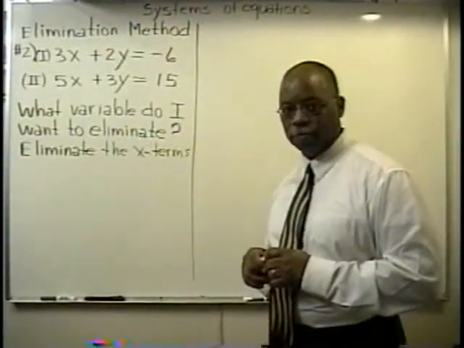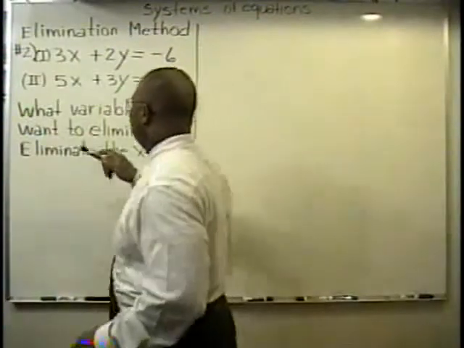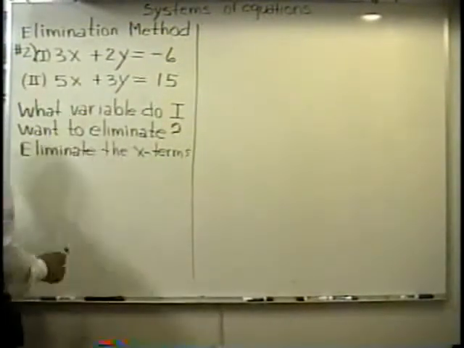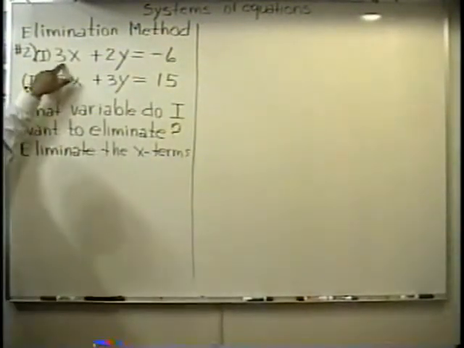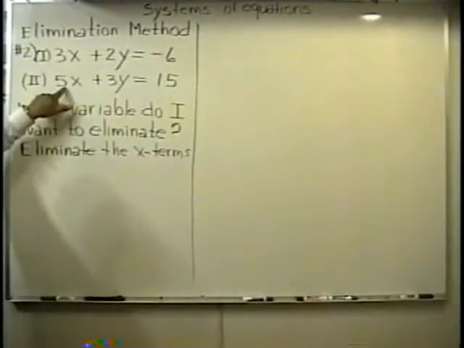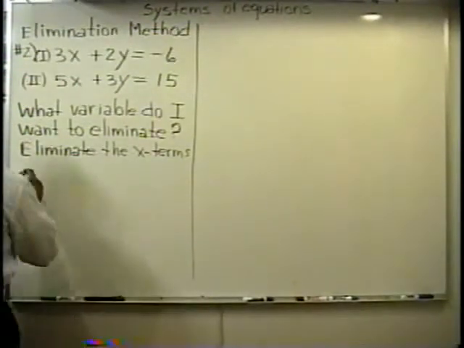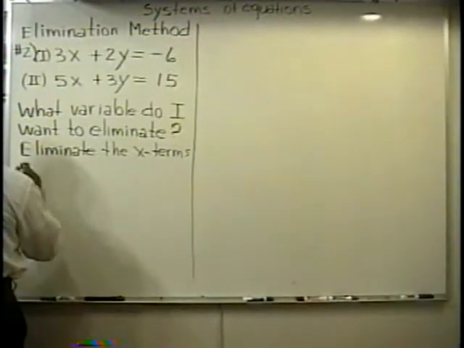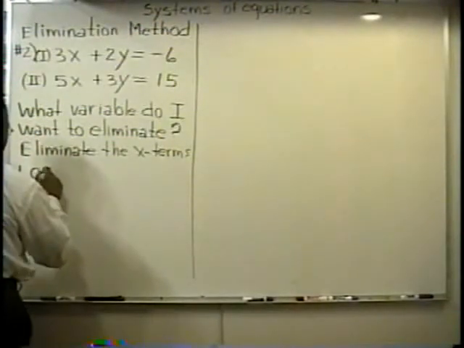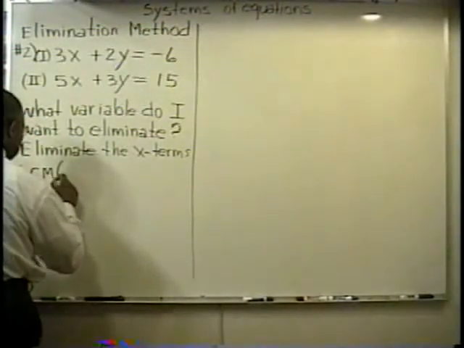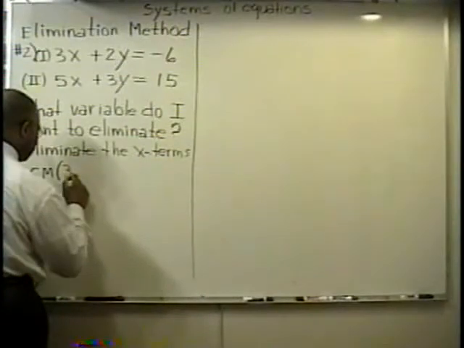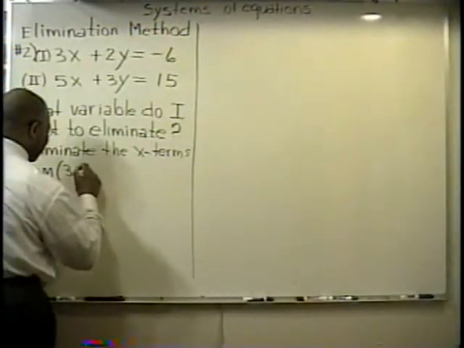We need to look at the coefficients of these x terms. The coefficient in the first equation is 3. The coefficient of the second equation is 5. So now, my question to you is, what is the least common multiple between 3 and 5?